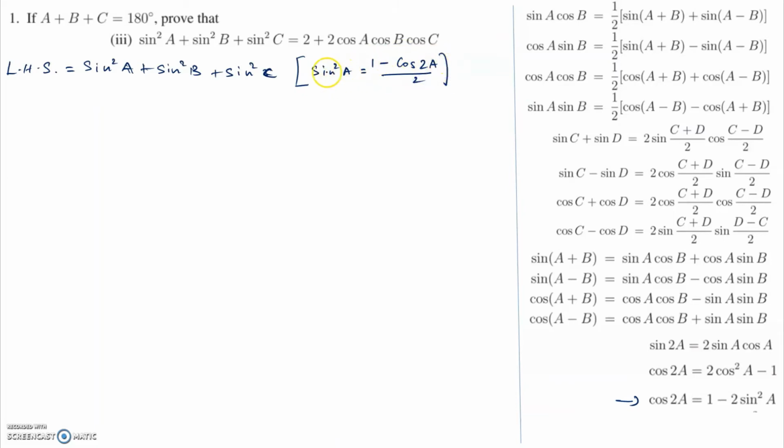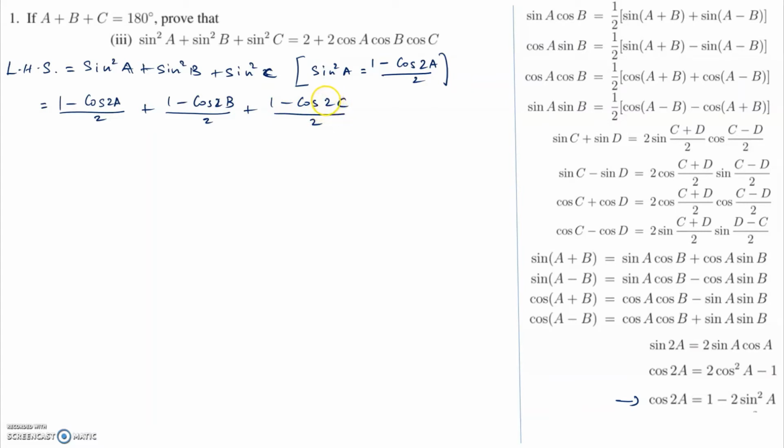So let's apply this formula onto this. So this becomes (1 minus cos 2a) by 2 plus (1 minus cos 2b) by 2 plus (1 minus cos 2c) by 2.